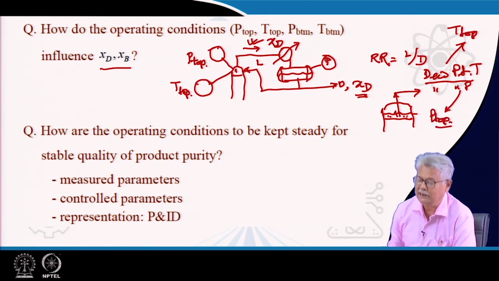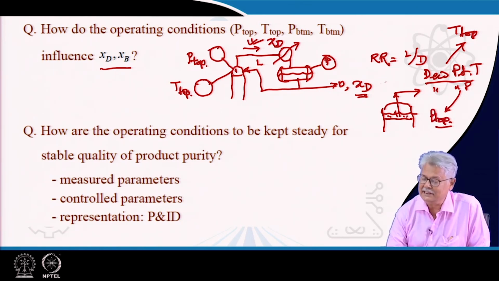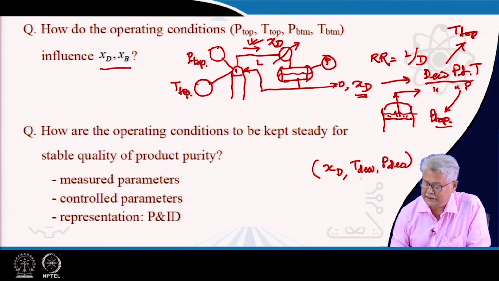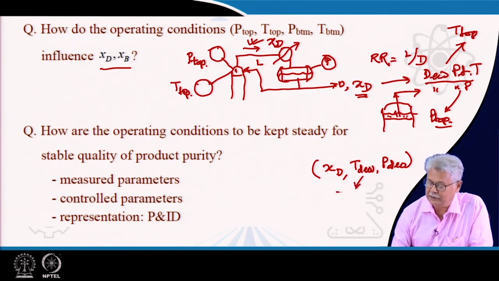So, this XD is a composition whose dew point is T dew and dew pressure is P dew, and what we know here is that this T dew is T top and this is P top.